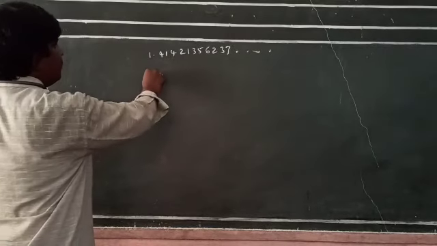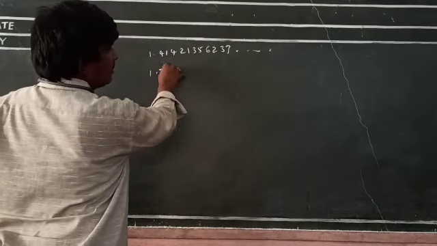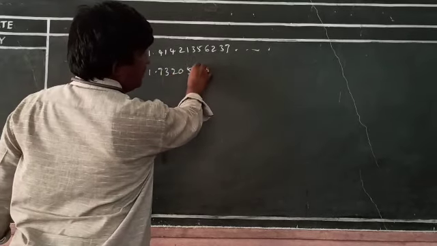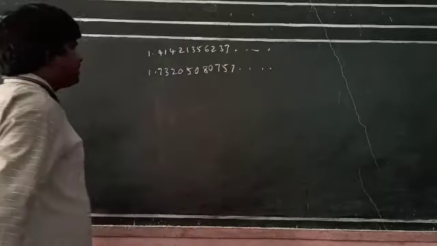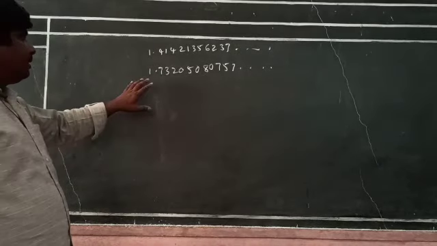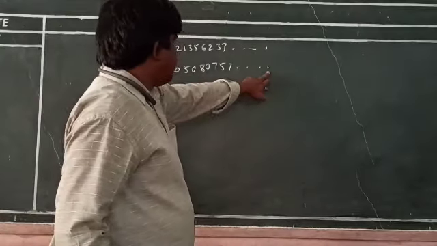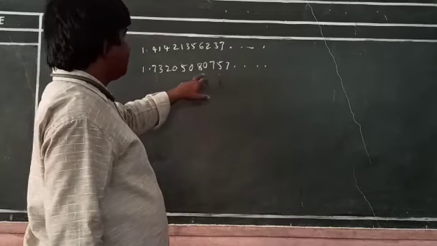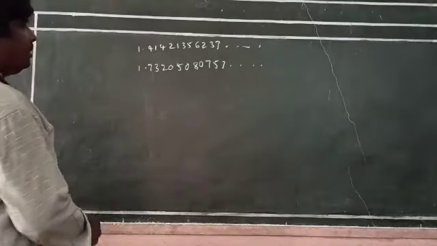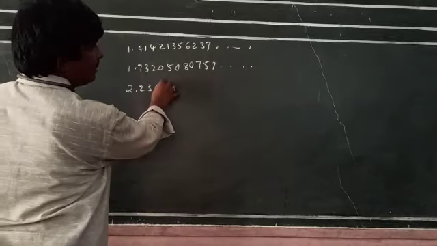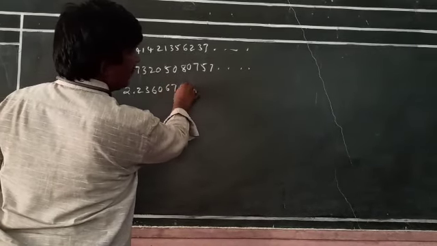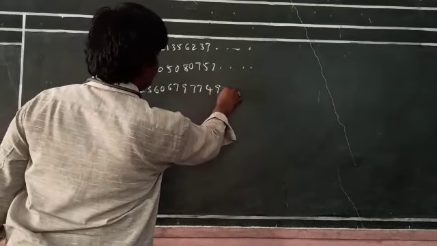And one more example, 1.732050808757 and so on. Here also the division is not completing and no particular number is repeating. Not only this, one more example, 2.23606797749 and so on.